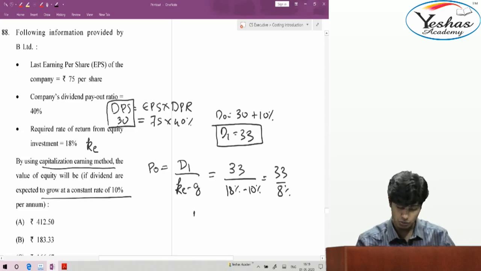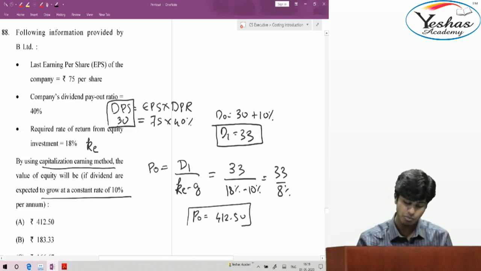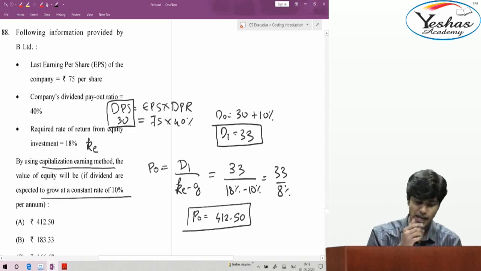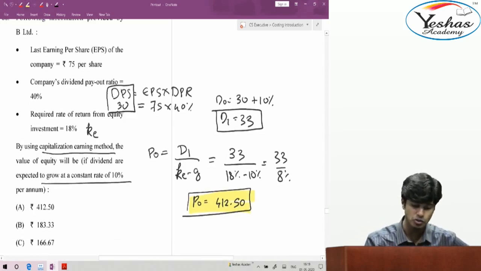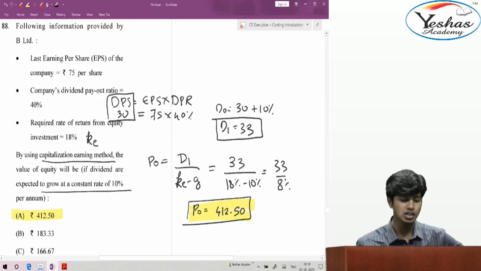So present value of the share is 412.50. Again a pure FM based question, but this is a common portion in FM as well as your CMA part. So this question can come in FM also, and in the CMA paper also. However, the answer for this question is 412.5. That is for question number 88.